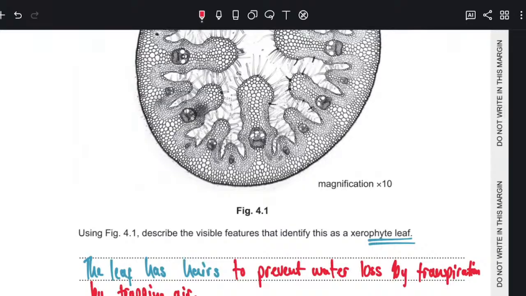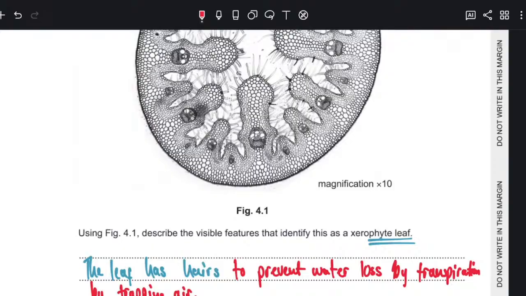This adaptation, guys, is going to carry you throughout this whole thing. Please remember the table. Xerophytes versus hydrophytes. It's a very small table. You can remember and try to always use it for all your questions, okay? Try to look for any feature that you can see.